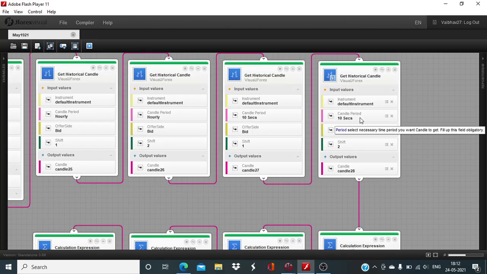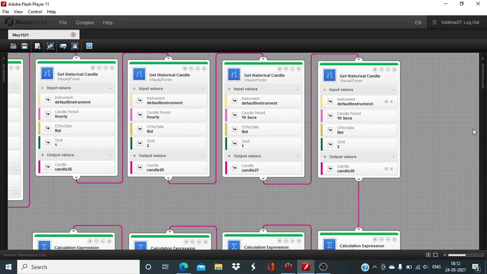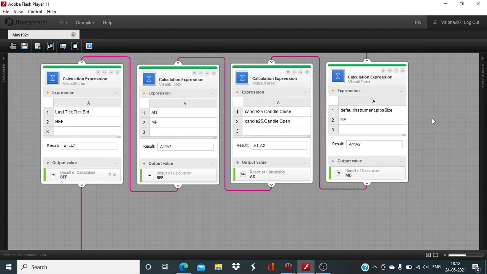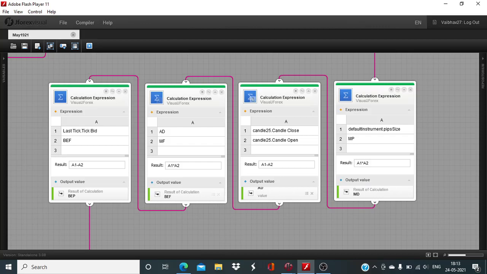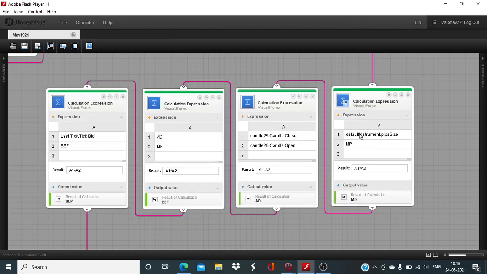To pinpoint the exact entry point, these 10-second candles will be used, and in these calculation expression blocks these values were defined here. In this case the minimum difference of 6 pips is being defined.